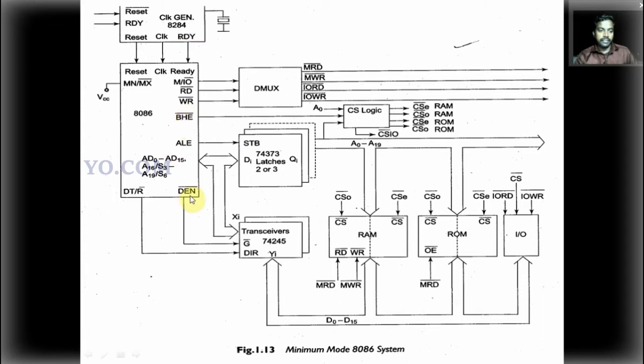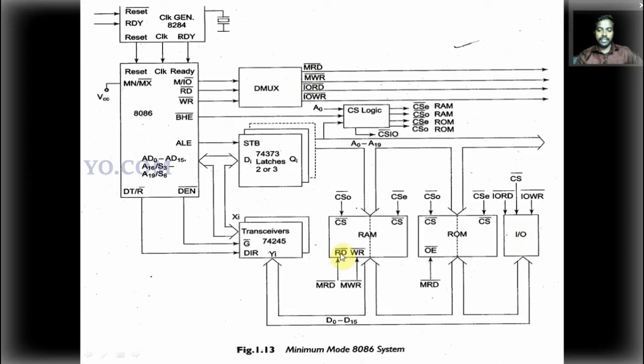Then the microprocessor generates the control signals M/IO bar, RD, and WR. These three control signals are given to the demultiplexer, which generates four control signals: memory read, memory write, IO read, IO write. These control signals are connected with the devices RAM, ROM, and IO.